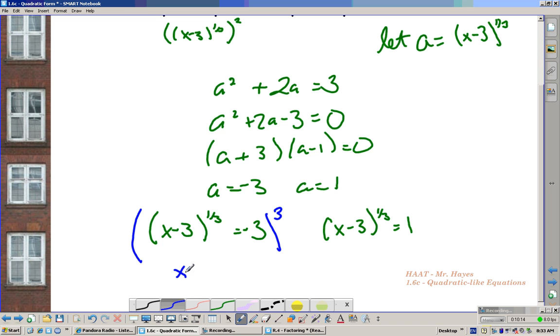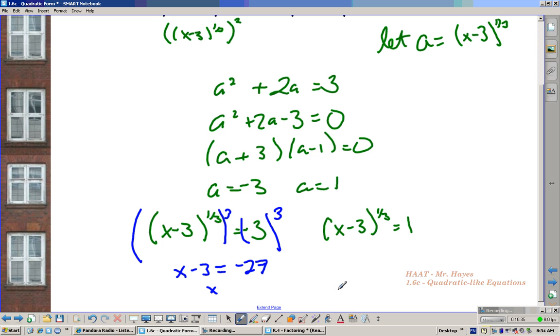So this is now going to become x, I'm going to write it like this just to be safe. Anything to the 1/3 power, raised to the 3rd power, is just going to be whatever you're taking the power of. And then you get x - 3 is equal to -27. So one of your answers is going to be x = -24.